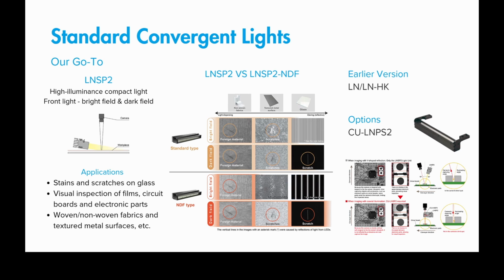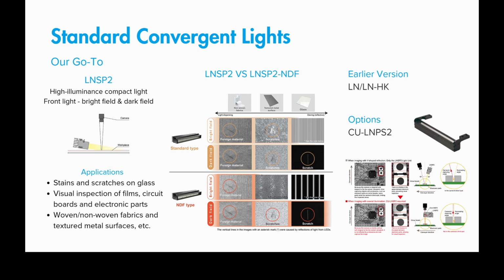So the difference between choosing these two is going to depend on your sample. If your sample is extremely diffuse, then you can get away with using the NDF type because it's going to diffuse the light and it's going to be uniform in its own way. If your sample is more reflective and you use the NDF type, you're not going to have a uniform image, and that's where we need to use a standard type that has the uniformity.